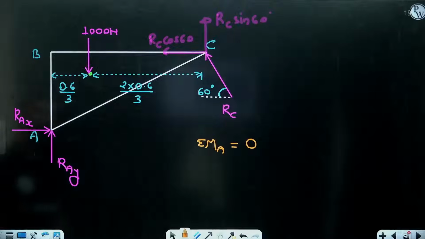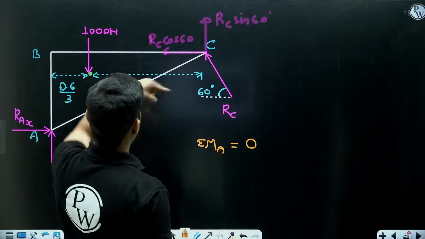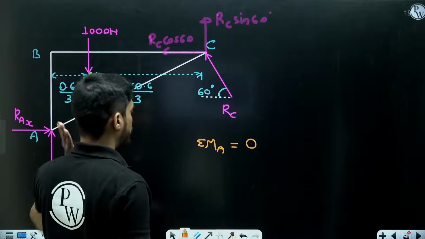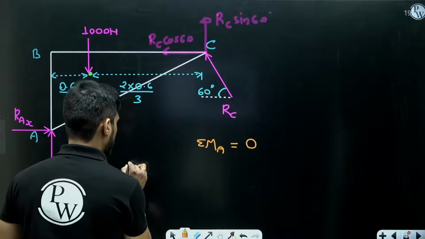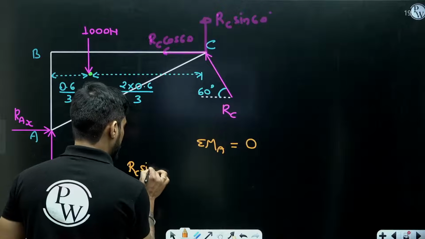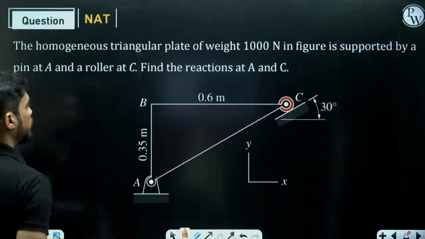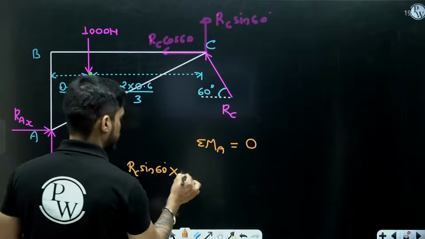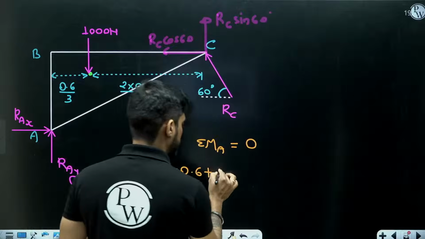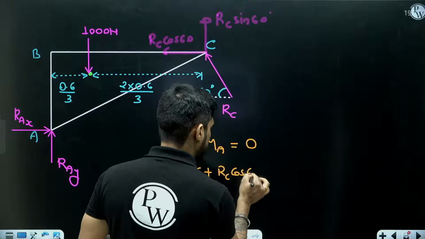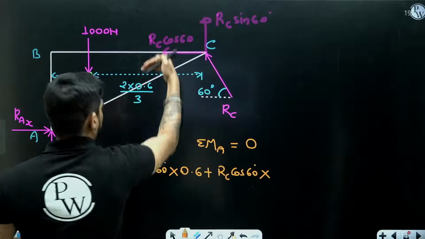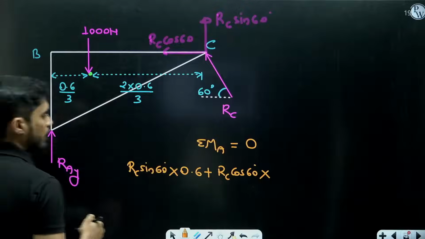Now moment of RC sin 60 and RC cos 60 both will be anti-clockwise at point A. So RC sin 60 multiplied by this distance. How much is this distance? 0.6, plus RC cos 60 multiplied by this distance. How much is this? 0.35.